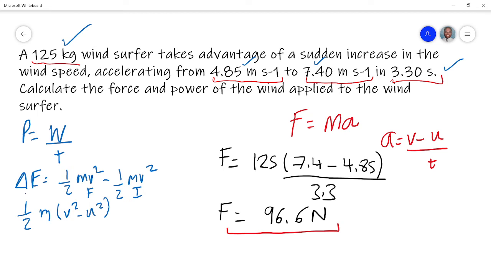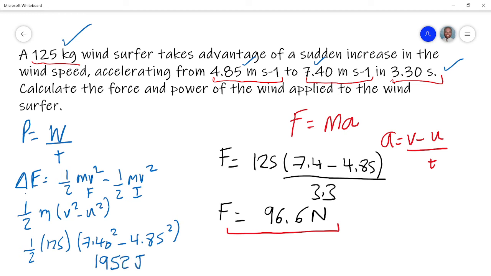That's going to be half of 125, because that's my mass, times 7.4 squared minus 4.85 squared. So that's 7.4 squared minus 4.85 squared, multiplied by 125 and divided by 2, and I'm going to get 1952 joules.